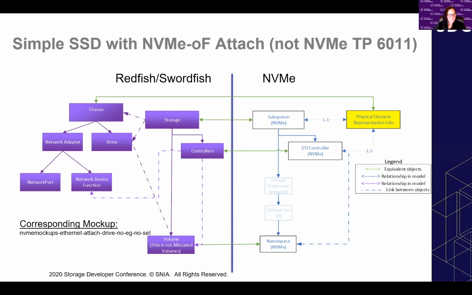we add over here to the physical representation this, and it corresponds to this physical element stuff, port information and Ethernet attached configuration information. So that corresponds to the network adapter, network port, network device function. And that extends basically all this other stuff that you would see directly on a regular drive. And then you add the Ethernet attach or the IP attach configuration information extended there.